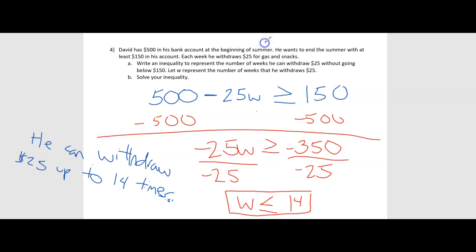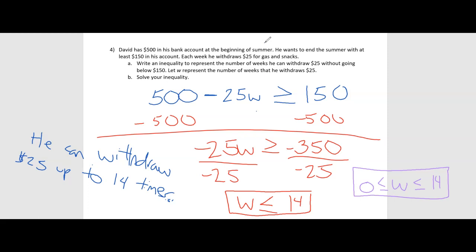So a better answer here would be W is greater than or equal to 0 and less than or equal to 14. And if we were graphing our solution here, we would certainly not look at any numbers that are less than 0. So again, this is just thinking on a slightly different level here.